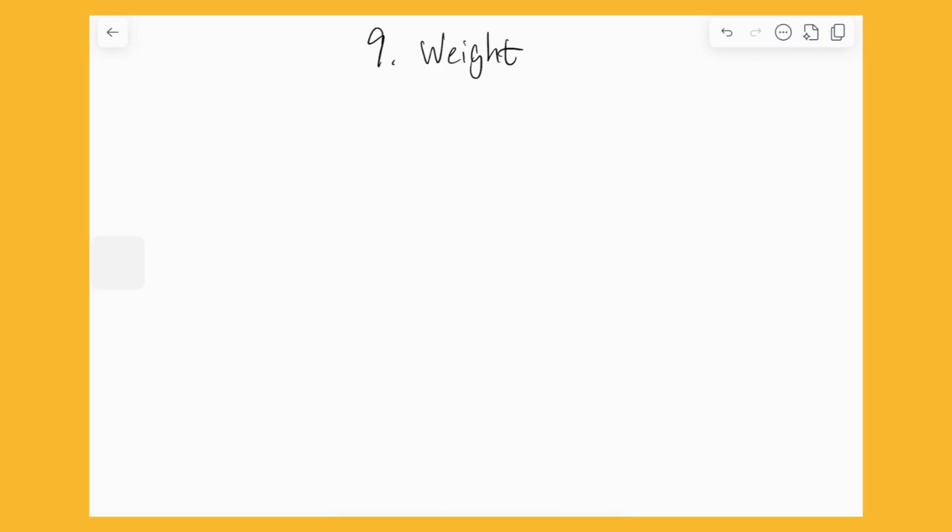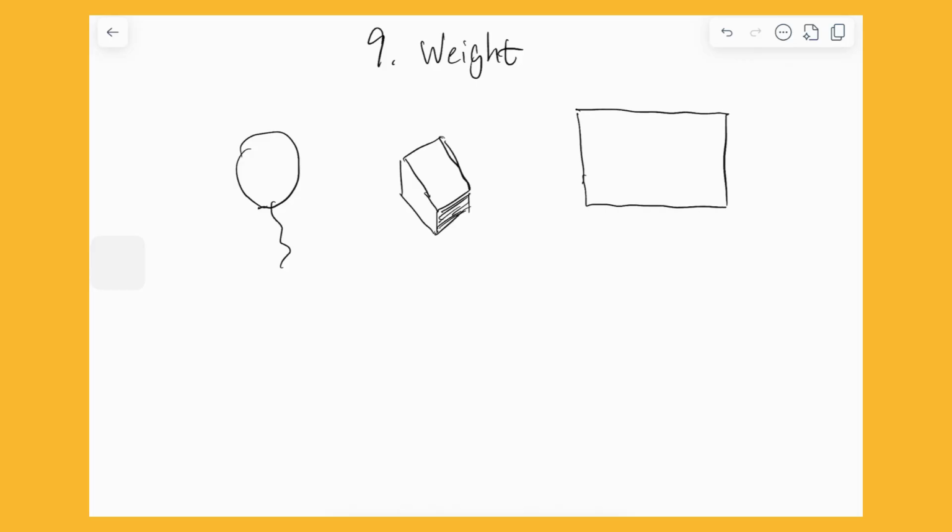So about weight, we are going to have a balloon here, and we are going to have a book, and here we are going to have a huge television.